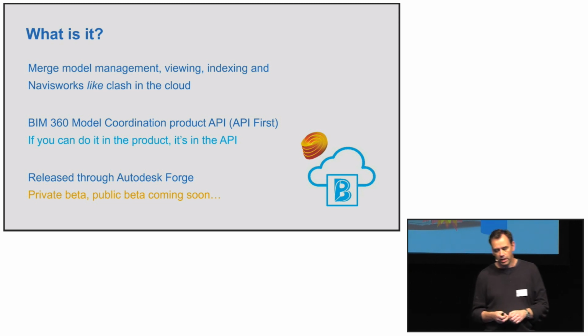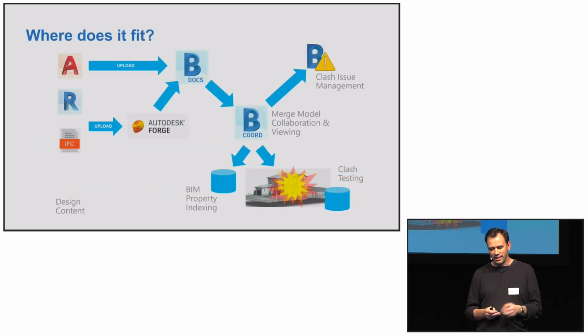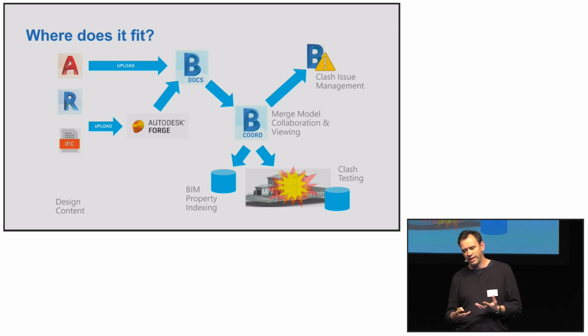Where does it fit? This is a diagram that explains, roughly speaking, what happens in the Coordinate application. AutoCAD and Revit users, and anybody exporting to IFC, or the main exporters to IFC, can upload to BIM 360 Docs, and then they can leverage the capabilities of the Coordinate backend, and they can run clashes or see clash results.